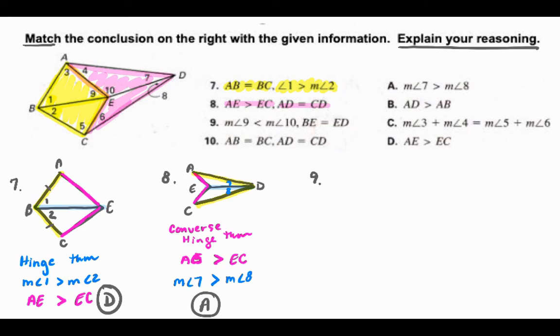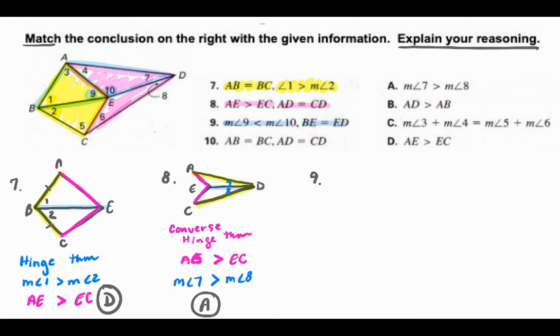Problem 9, when we look at our triangles, we're looking for angles 9 and 10. So 9 and 10 with BE and ED. So 9, 10, BE, and ED is going to be those two triangles there at the top.